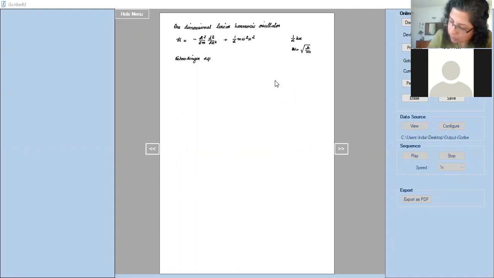So the Schrodinger equation, you will essentially say that minus h cross square by 2m d square by dx square plus half m omega square x square, this whole thing acting upon psi of x will give you E psi of x, right? So this is essentially how it looks.